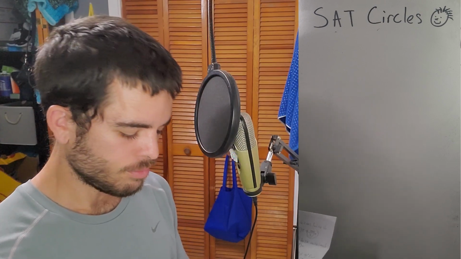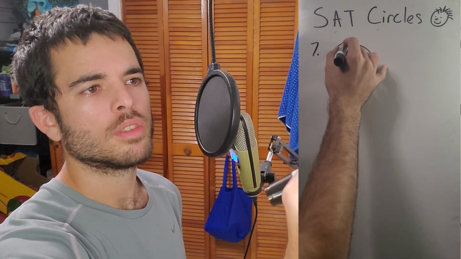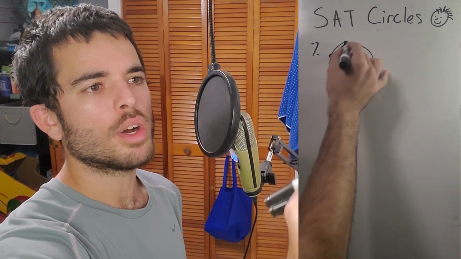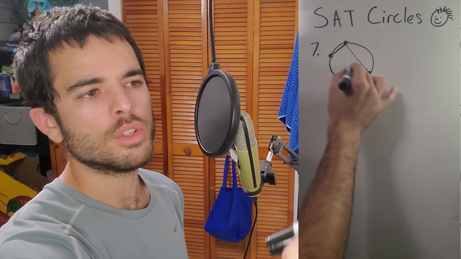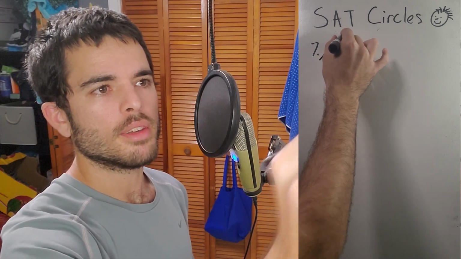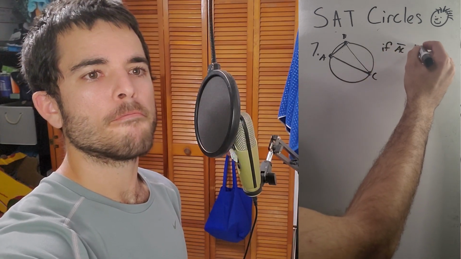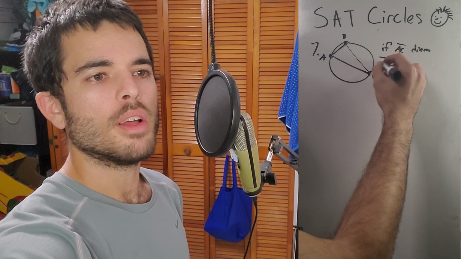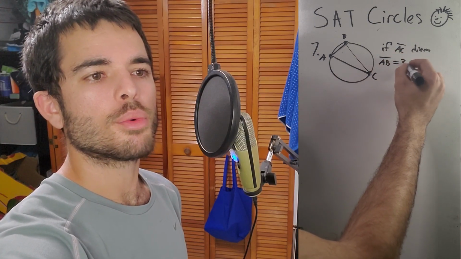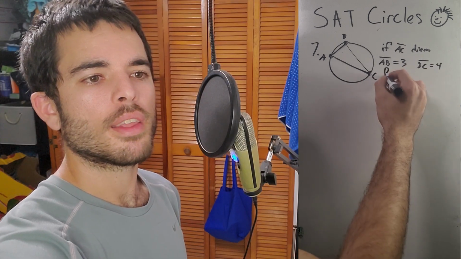All right. Number 7. Let's say they draw a triangle inside a circle, which they do like to do. Let's label this A, B, and C. Let's say AC is a diameter. Line segment AB is 3, and line segment BC is 4.